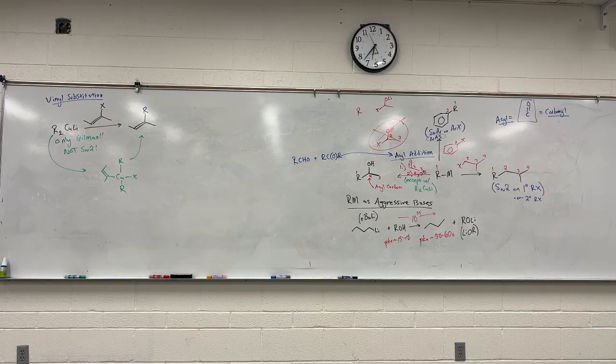Hi, Lily. Okay, so this would work on an aromatic ring. Oh, that's not an aromatic ring. Yeah. So first hint is, what functional group do you have at the start?